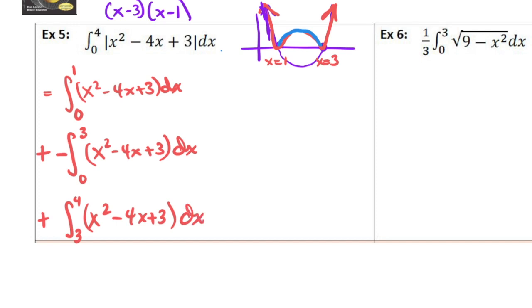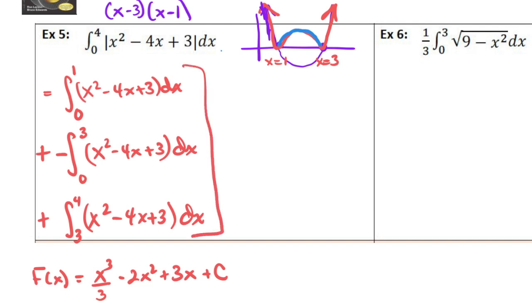All right, now we need some antiderivatives. And that's a pain, but let's find it anyway. If we find the antiderivative, capital F of x, for this, each one of these pieces would be x cubed over 3 minus 2x squared plus 3x, plus some sort of c, of course. So let's think about what we'll get for each of these pieces put together.